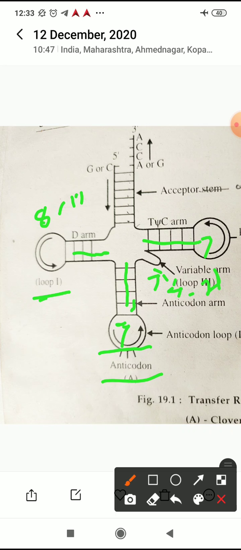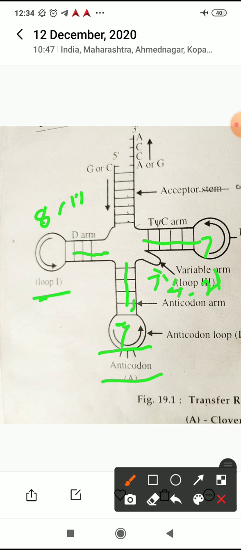That is also the work of this tRNA. At the time of protein synthesis, its anticodon should recognize a particular codon, and only then will these amino acids be incorporated in a specific sequence in the polypeptide chain. So see how nicely the work of this tRNA remains in progress during protein synthesis.